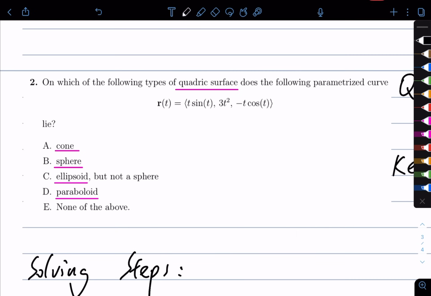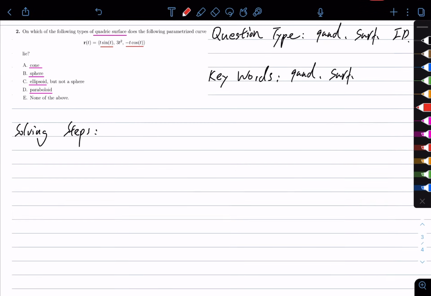So let's go ahead and examine the R of t. Especially, we're going to look at the x component and then the z component. The x component equals t cosine t. And then the z component equals negative t sine t, and then cosine t, my bad.